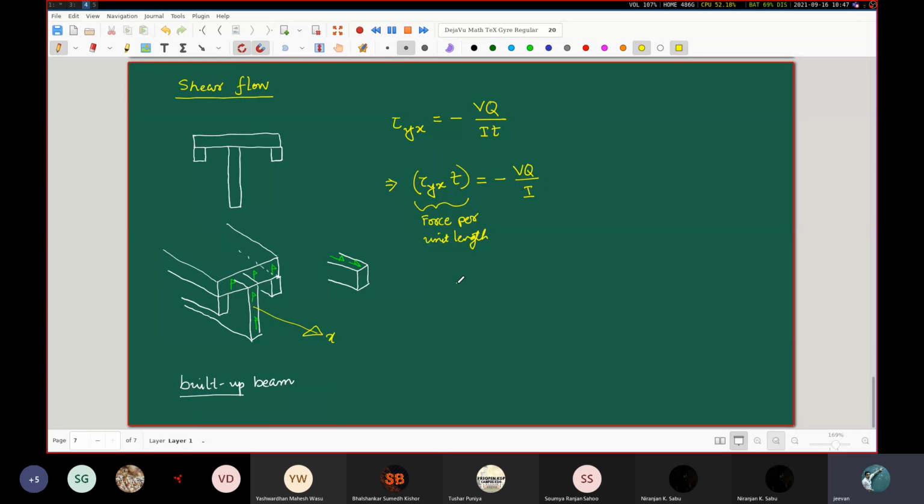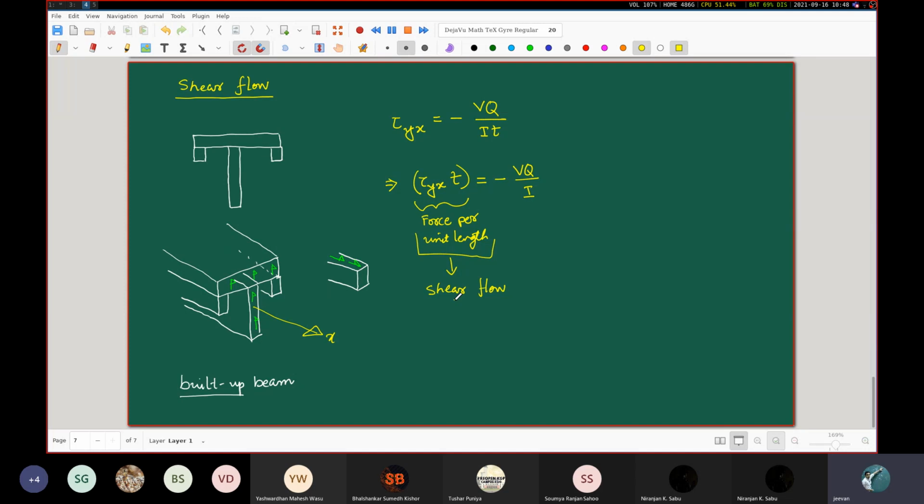Okay, so the shear flow is actually just another term for this force per unit length. So this thing is just referred to as the shear flow. It is called the shear flow only in the context of these kinds of beams that we are talking about, and only when we are talking about the force per unit length, where the length happens to be along this kind of a direction. Okay, but there is another aspect to this shear flow which we will discuss.